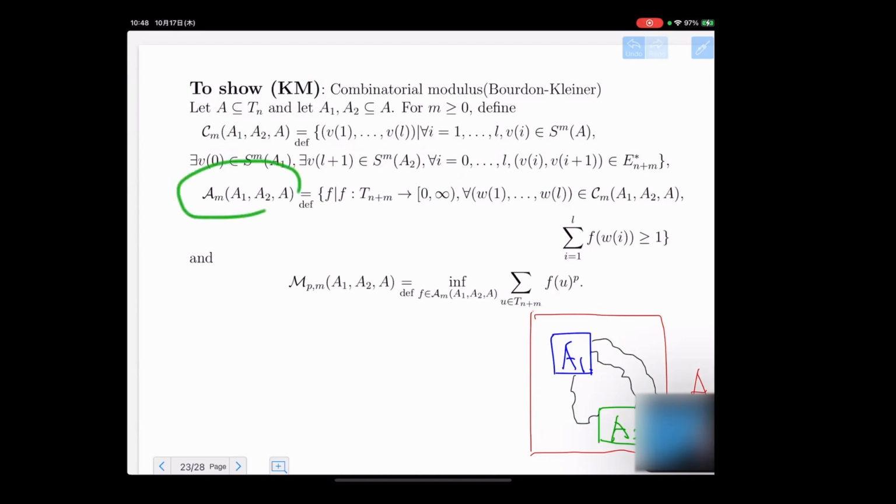And these are the so-called admissible functions. f is a function on the graph, and the condition is that for all the paths, the sum of this value is larger than 1. The discrete modulus between A1 and A2 is the infimum of the L^p energy of the admissible function.